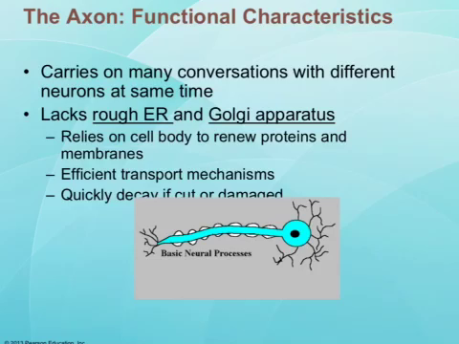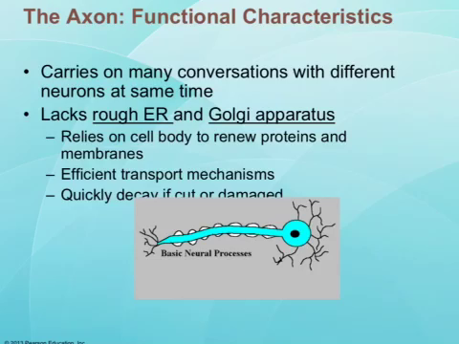The axon carries many conversations with different neurons at the same time, and at this location in the axon there's no rough ER, so it doesn't synthesize any protein, and no Golgi apparatus, so it doesn't modify any protein. So basically, all the proteins are pre-made in the cell body. The cell body makes all those proteins and sends them along the axon to the terminal and releases them there.